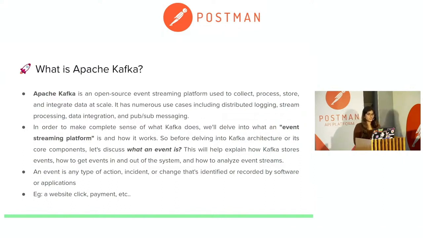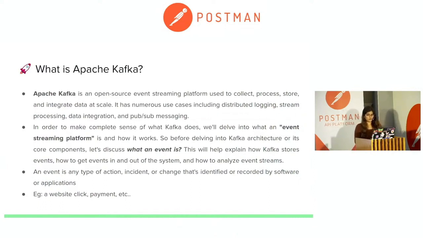In order to make complete sense of what Kafka does, we will delve into what an event streaming platform is. An event streaming platform streams events, and it uses topics to organize those events, which are divided into key value pairs.